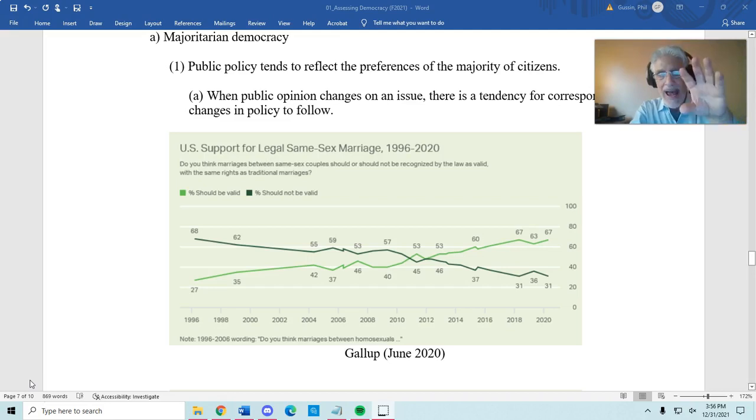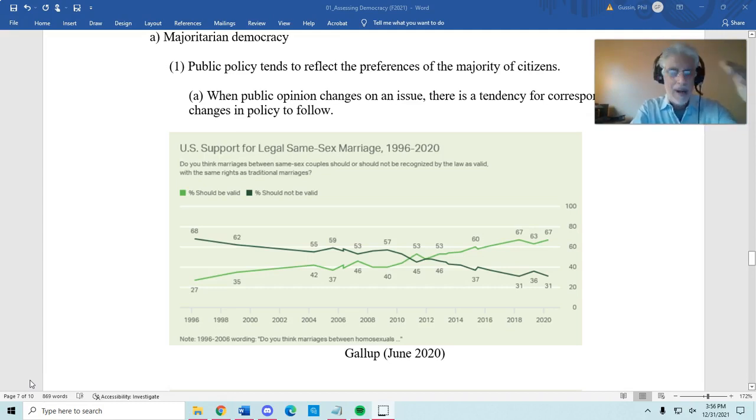The shift happened where by 2014, 90% of the American people lived in states where same-sex marriage was permitted. And around that same time, the Supreme Court made an important decision in which they declared that prohibitions against same-sex marriage were unconstitutional.